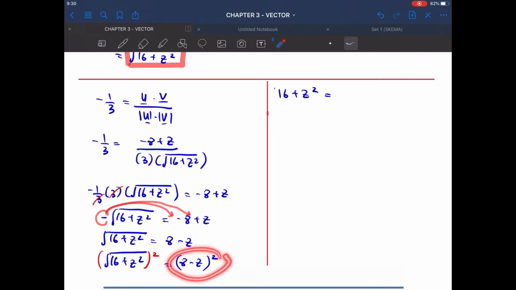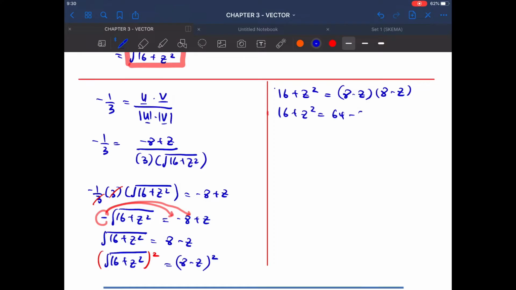Here we have to expand 8 minus z, 8 minus z. 16 plus z square is equal to 8 multiply 8 will become 64 minus 8z minus 8z plus z square. So negative 8z minus 8z will become negative 16z.